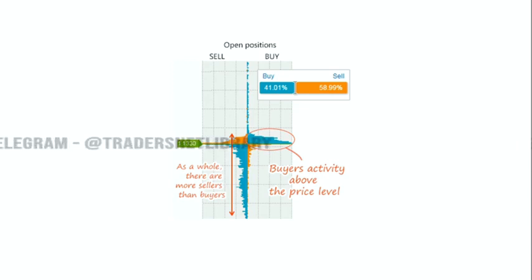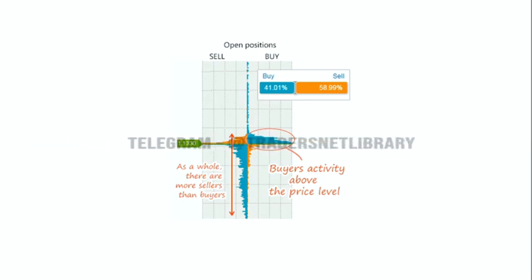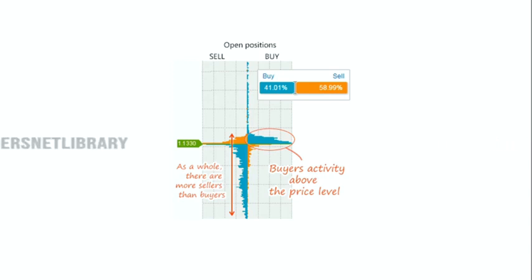But let's look at the balance of power. What can we see? Sellers, which account for the majority of traders, have spread over the entire height of the order book, and buyers have been grouped slightly above the price. At that, the number of buyers far exceeds that of sellers above the price.